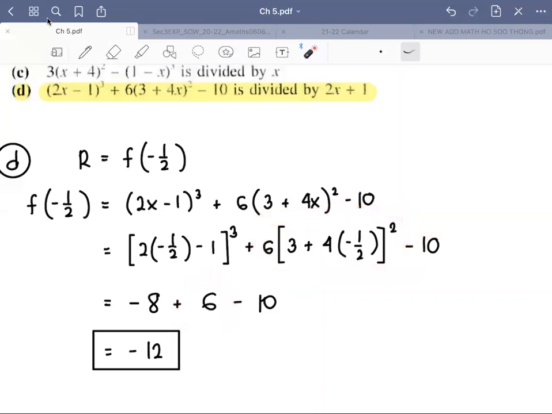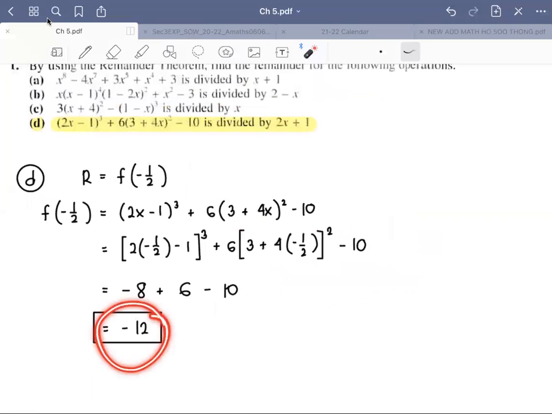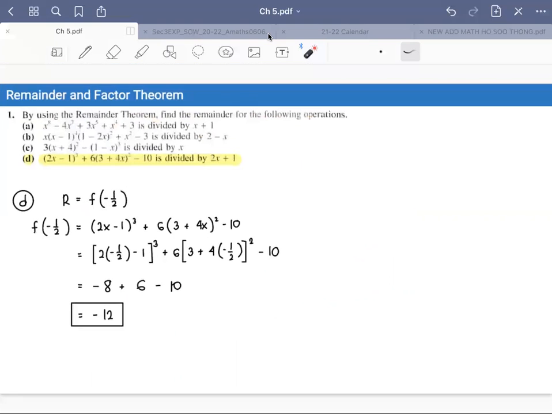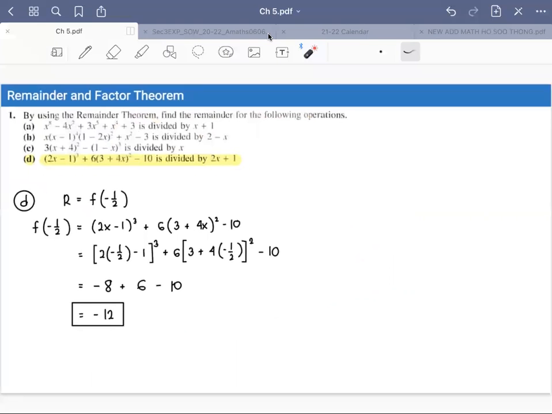And then you just bring down minus 10. So your answer for letter D is negative 12. Do you guys have any questions, class, for letter D? No questions? Okay, that's your first classwork for this part of the chapter.